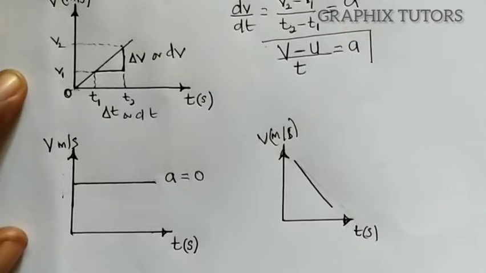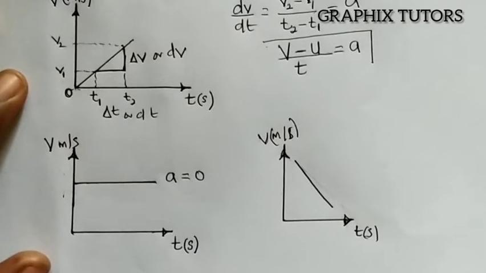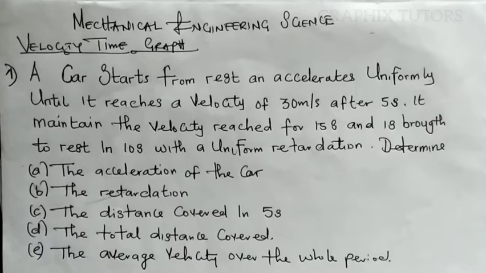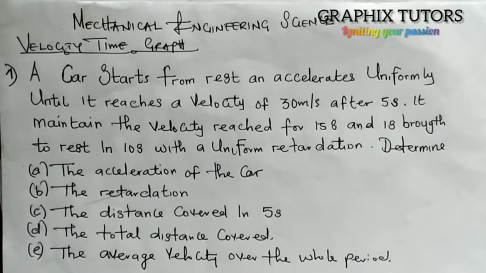Now let's just take an example and see how we are going to apply this. Look at this question. It says that a car starts from rest and accelerates uniformly until it reaches a velocity of 30 meters per second after 5 seconds.